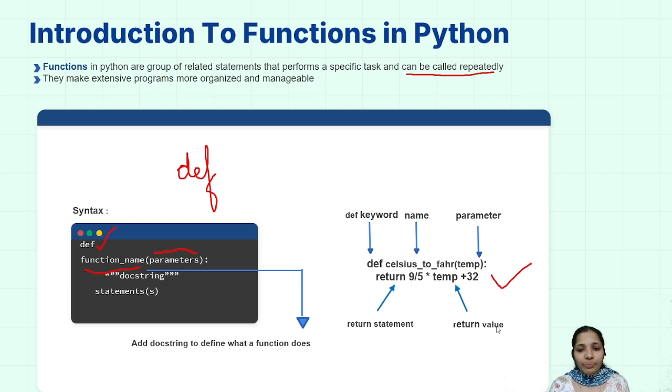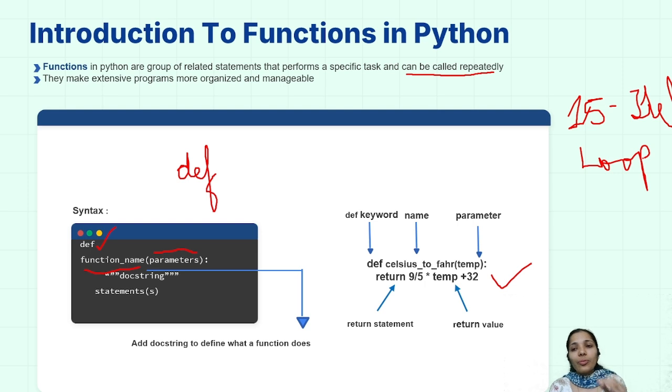For example, if I want to print hello world 15 times, I can use loops, because 15 printing statements would make the program very lengthy.